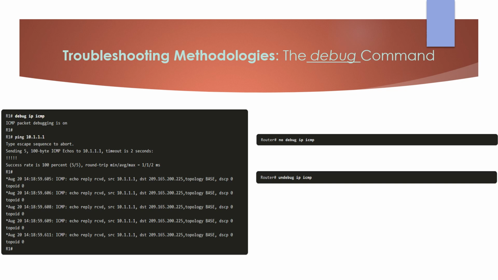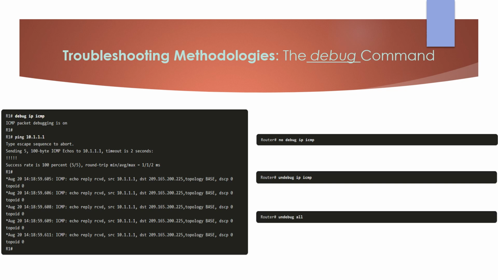If you need to turn off all active debug commands at once, you have to enter, at the privileged exec mode, the command undebug all. Use caution, because commands such as debug all or debug ip packet generate a substantial amount of output and can use a large portion of system resources.